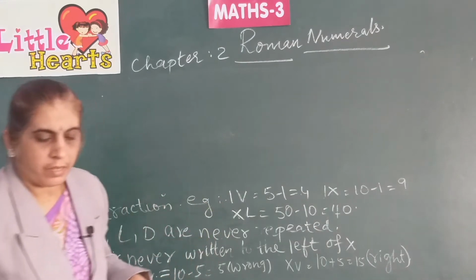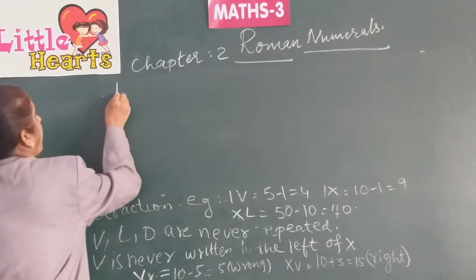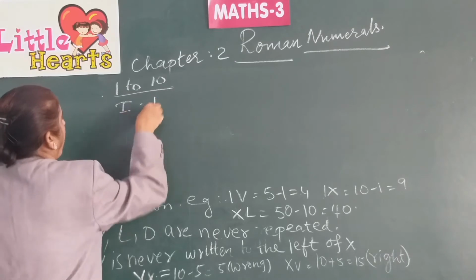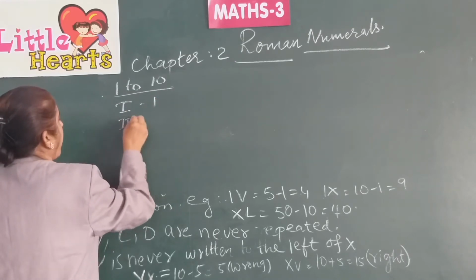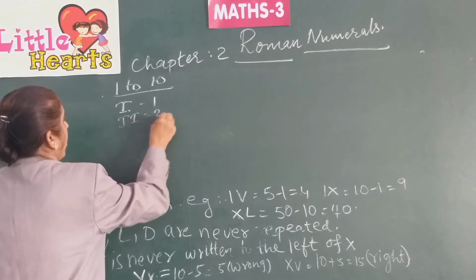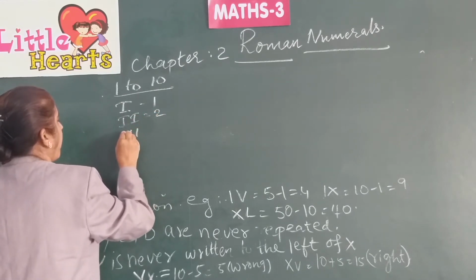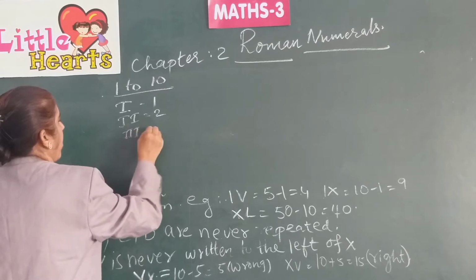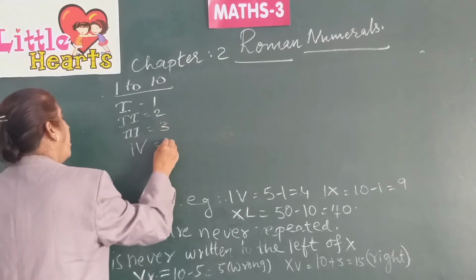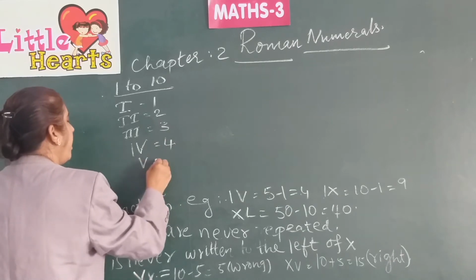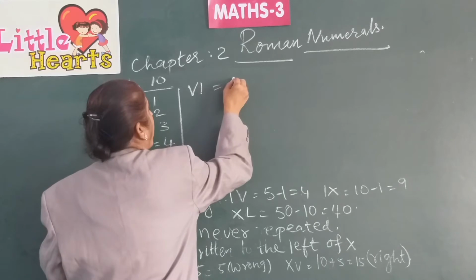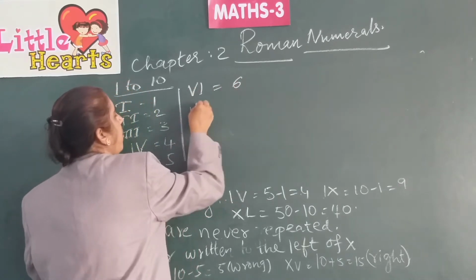First, let us write Roman numerals from 1 to 10. I is 1, II is 2, III is 3, IV is equal to 5 minus 1, 4. V is 5. VI is 5 plus 1, 6.